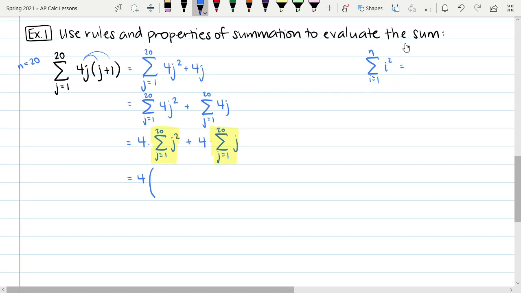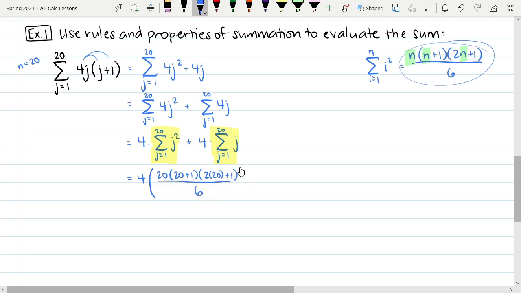Remember, if I had the summation of i squared, that was going to be n times n plus 1 times 2n plus 1 all over 6. So this is the expression that I need to multiply the 4 with. But remember, everywhere I see an n, that's going to be 20 in this particular problem. So that means I have 20 times 20 plus 1 times 2 times 20 plus 1 all over 6.